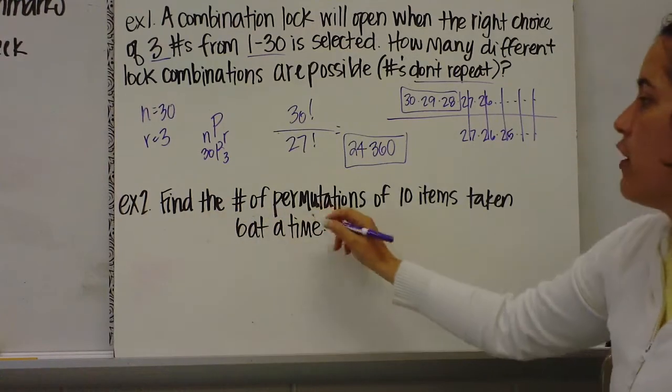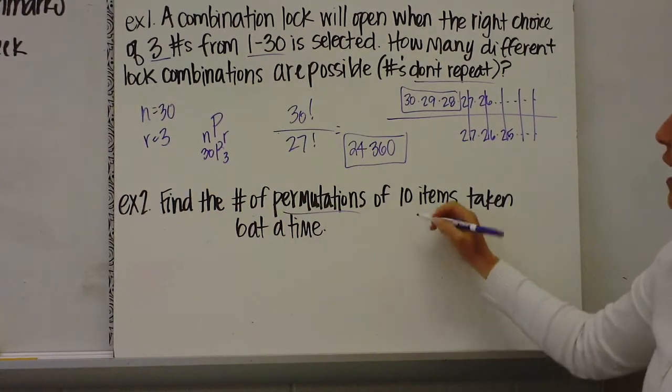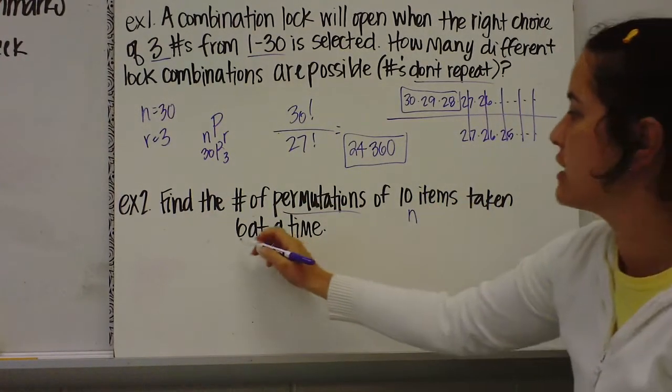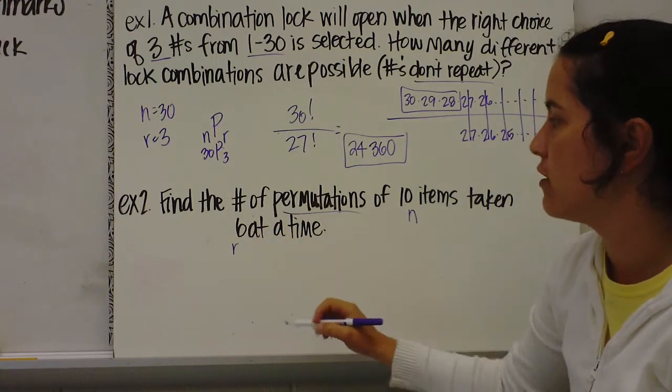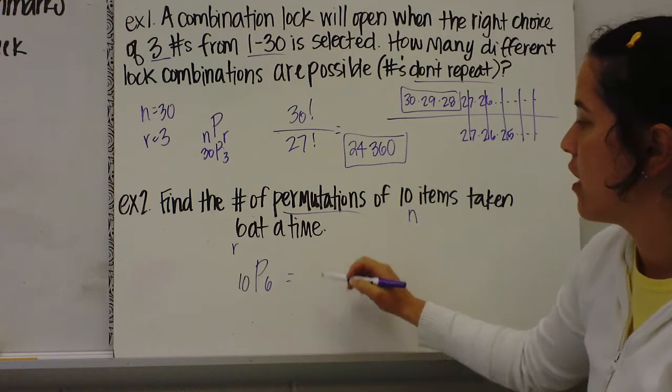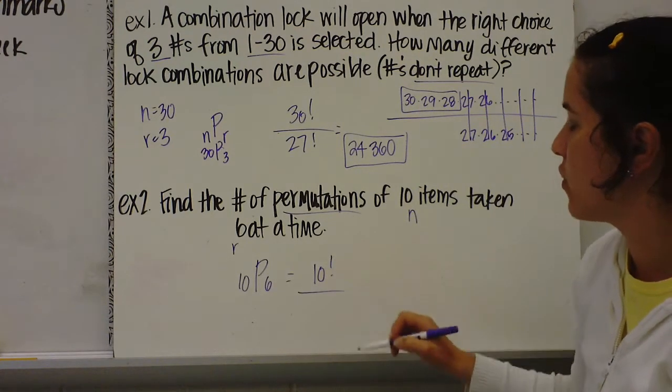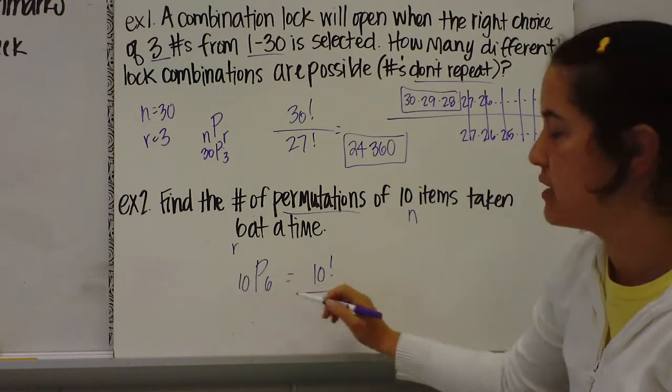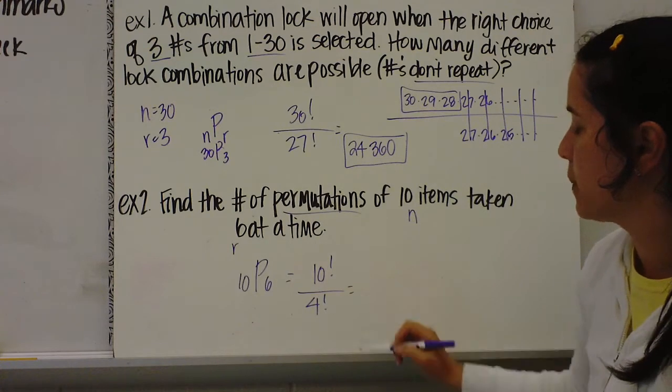Number 2, find the number of permutations of 10 items, so that's your n, taken 6 at a time, that's your r. So again, we have 10P6, which means it's going to be 10 factorial, and then 10 minus 6 is 4 factorial.